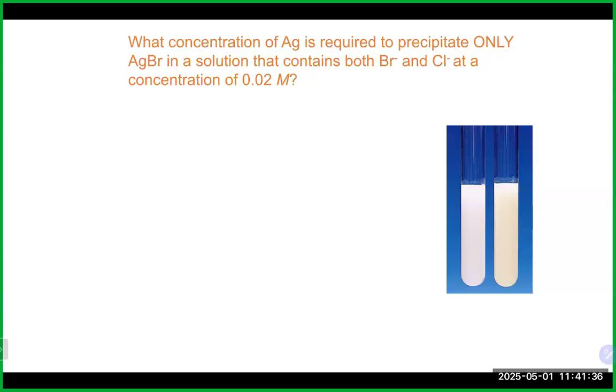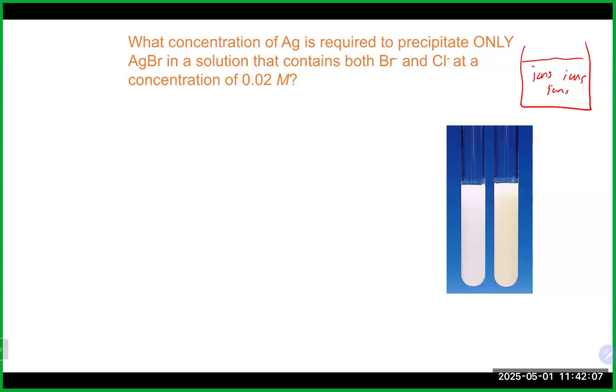And we're going to now talk about another aspect of KSP that's really helpful. Although we don't do these type of experiments anymore here, qualitative analysis experiments are experiments where you have a bunch of ions floating around in the solution, and your goal is to figure out which ions are present.